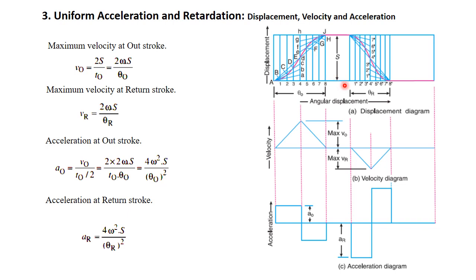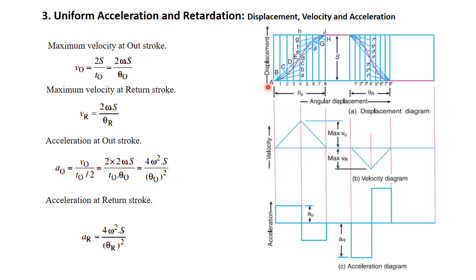Then the same scale can be used to measure the return stroke. So if the return stroke is 100 degree, then according to the proper scale, I will use the same scale which I had used in outstroke. So here we have drawn the return stroke, and here we have drawn the outstroke angle turned by the cam.